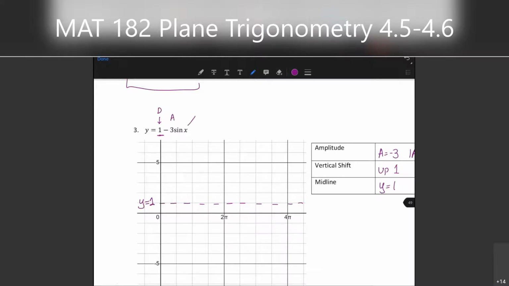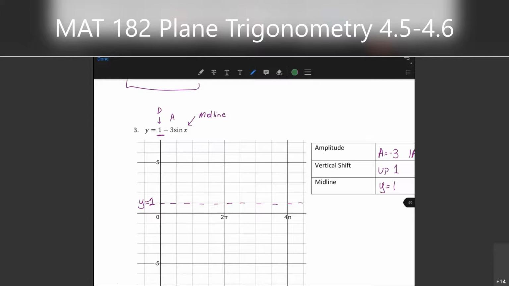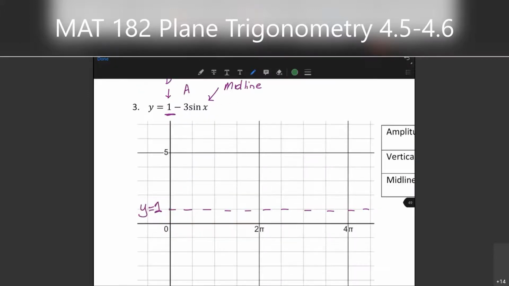So here the sine function does start at the midline, and so we will want to start at the midline when we go to 0. Since we're shifted 1 unit up, we'd want to shift our starting point just 1 unit up. So it would normally be at 0, but we're going up 1 unit.